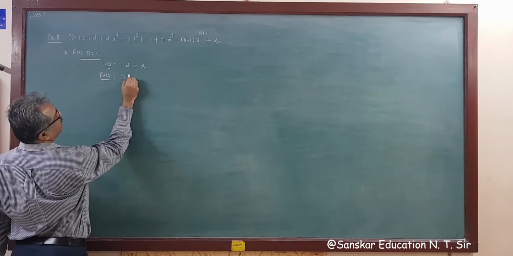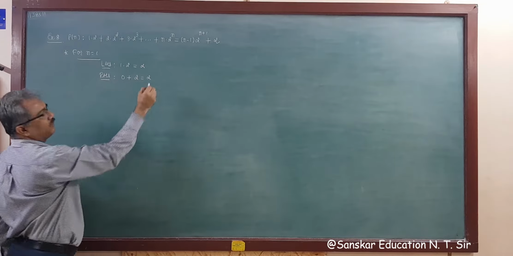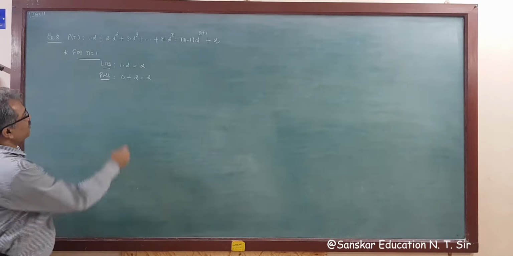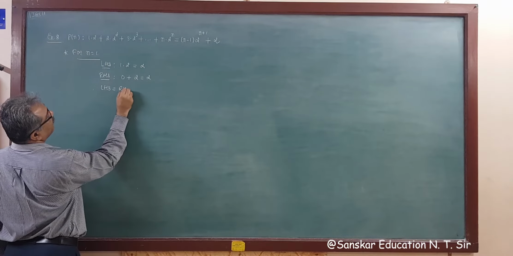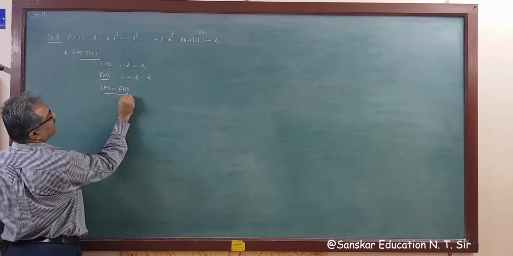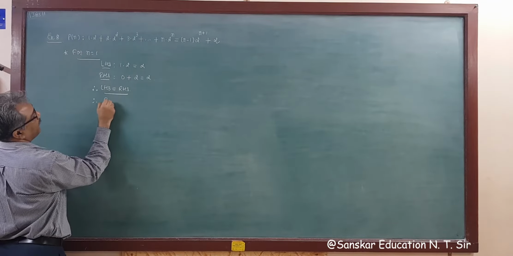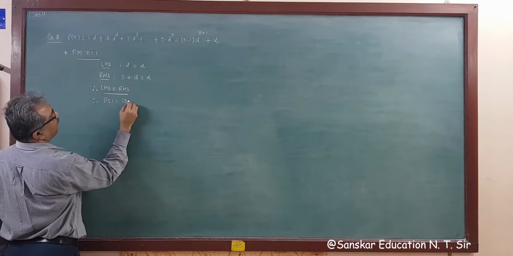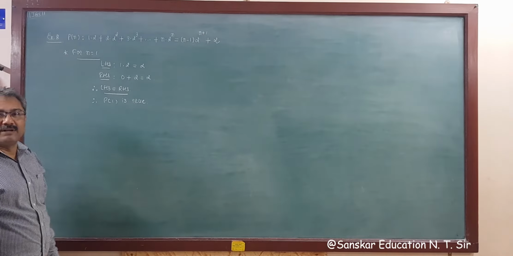So this is 0 plus 2 is equal to 2. Right? So left hand side is equal to right hand side. Therefore P1 is true.